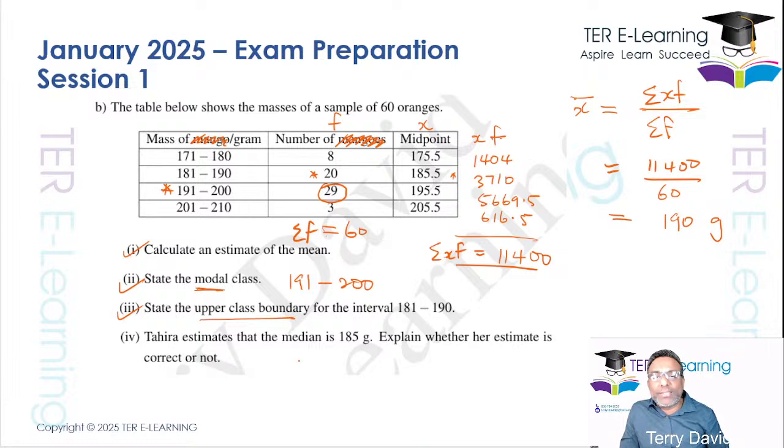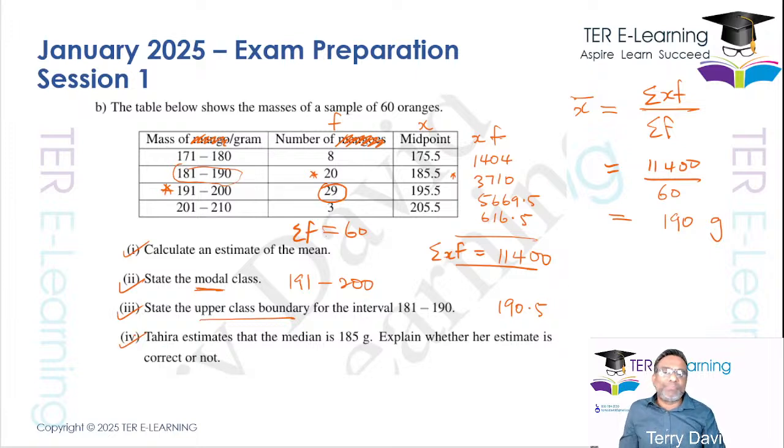Yeah, it looks like that to me. We're talking about this interval here. It stops at 190, but the upper class boundary is 190.5. So you all need to know what is meant by upper class boundary and class limits.